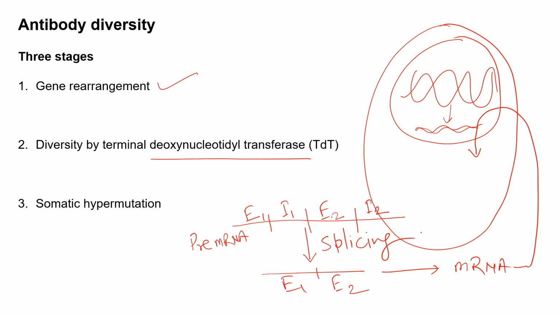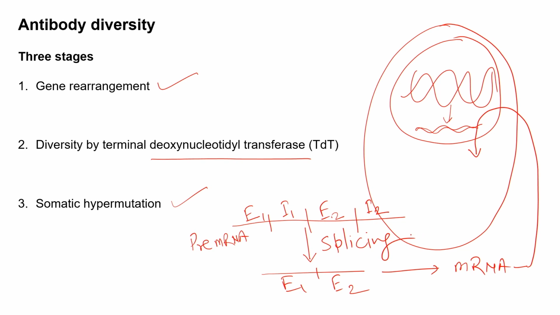These are again very specific enzymes which can do a specific addition of nucleotides at the 3' end of single strand DNA molecules. So we'll see how it does this in DNA. And then finally we could look into somatic hypermutations.